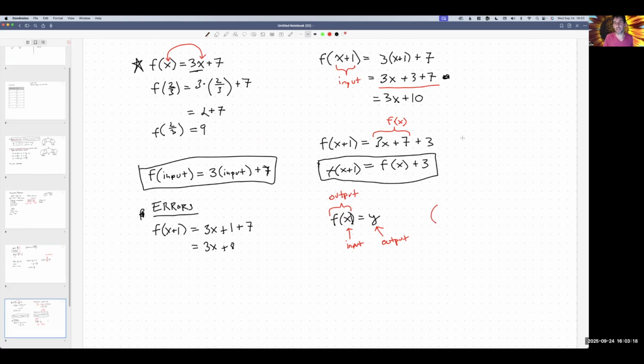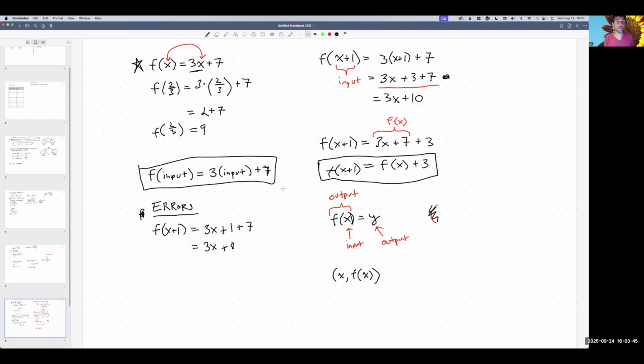If you have an input of x, you'll have an output of f of x. It's a little complicated to look at with all the parentheses, but notice we've got an input x and an output f of x, two numbers. It's just a coordinate pair.